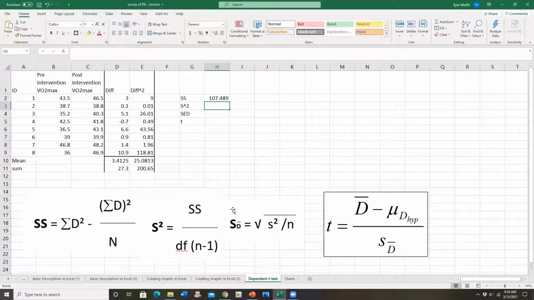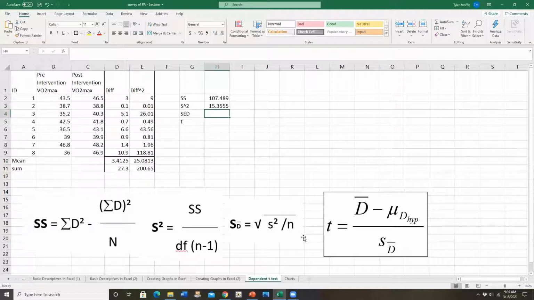So we lose degrees of freedom in an independent t-test because we have that added variance. With a dependent t-test, it's almost as if we gain degrees of freedom, so we have some more room to speak. So now I'll calculate my variance, my sum of squares divided by my degrees of freedom, which gives me my variance.